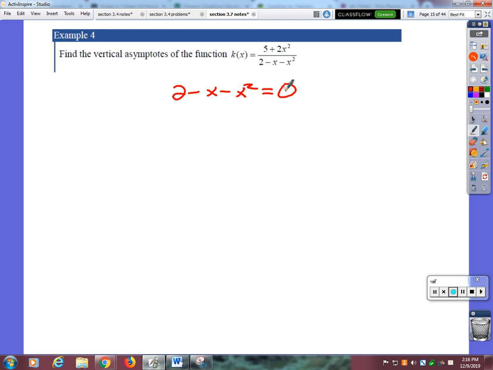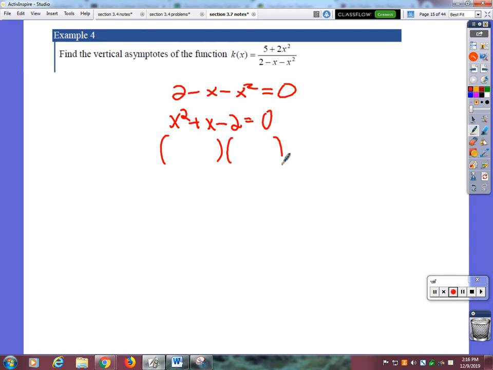There's one thing that I don't like about it, and that's the fact that it's written backwards and this is a negative. So I'm going to start by switching everything around. I'm going to make this positive x squared, positive x, minus 2, and technically negative 0, but that's exactly the same, so nobody cares. Now how can I solve this? I could factor, I could use the quadratic formula, I could complete the square if I was insane.